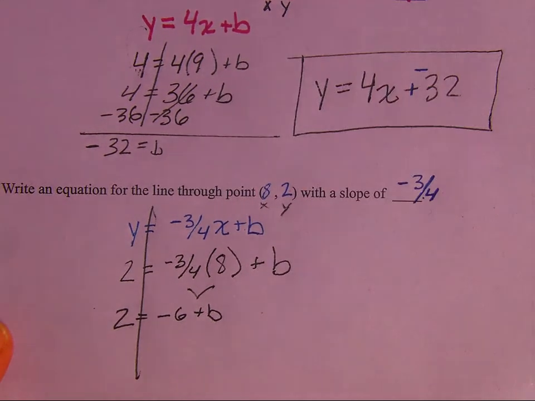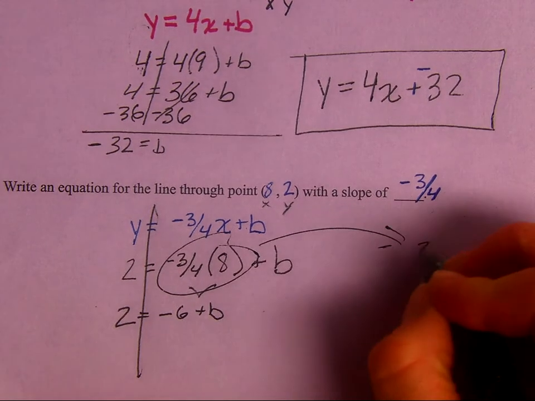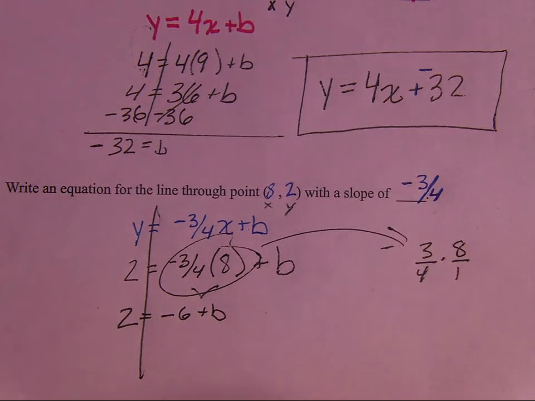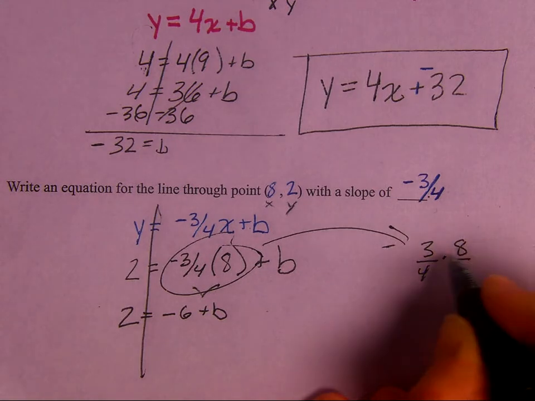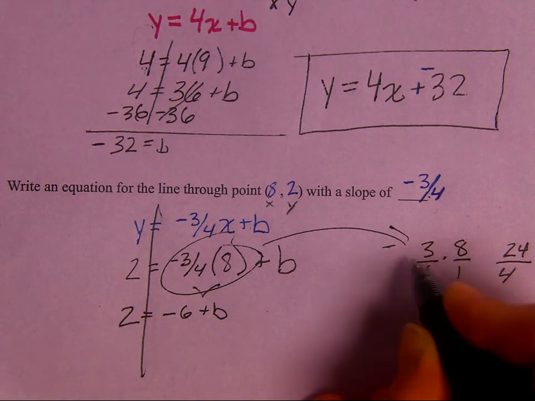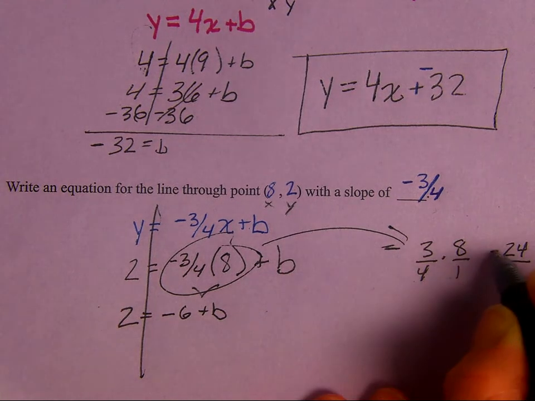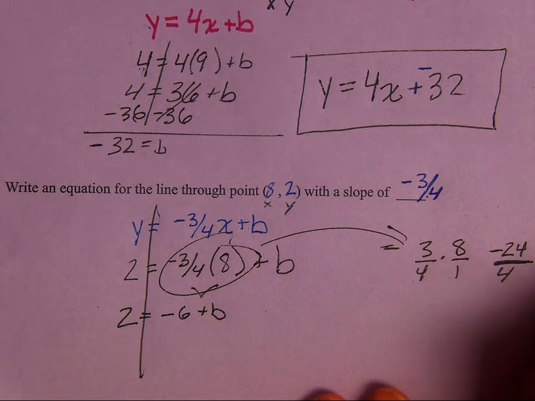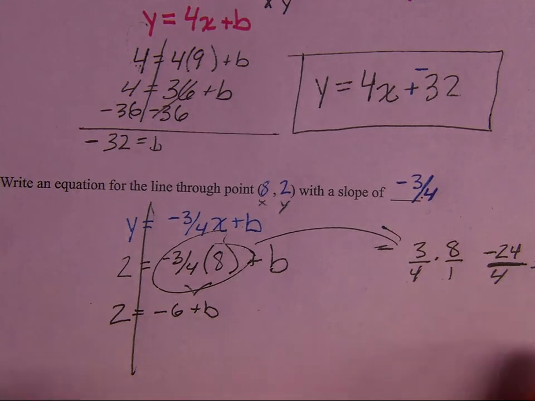Okay. If you were doing it by hand, remember that this 8 just becomes 8/1, and you go straight across. So 3 times 8 is 24, 4 times 1 is 4, and we've got that negative still on there, which simplifies. This means divide. So 24 divided by 4 is going to be 6.